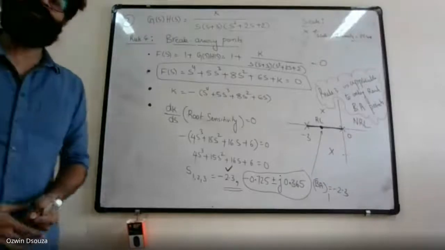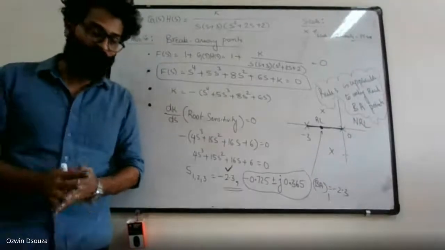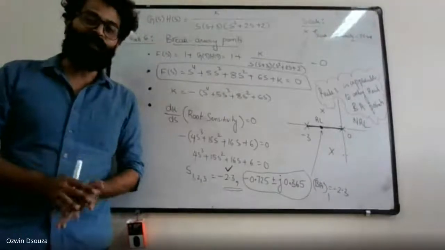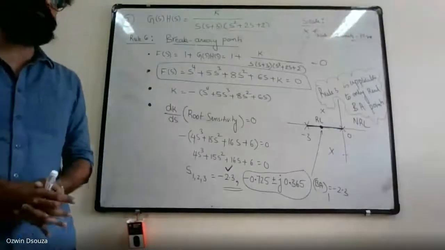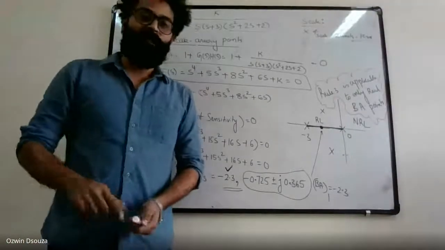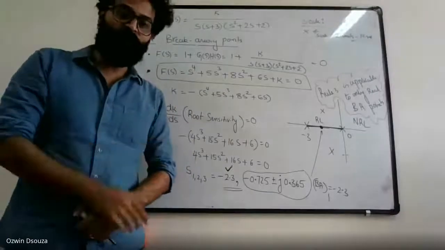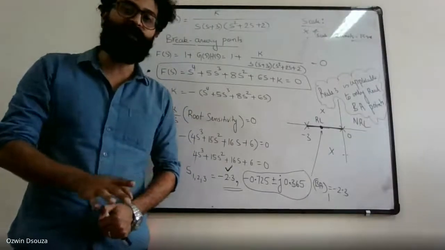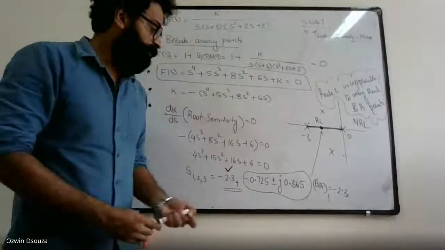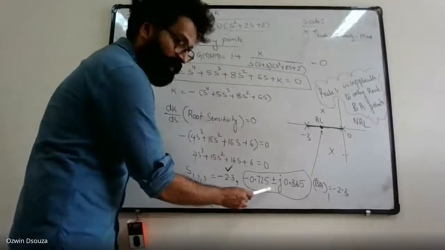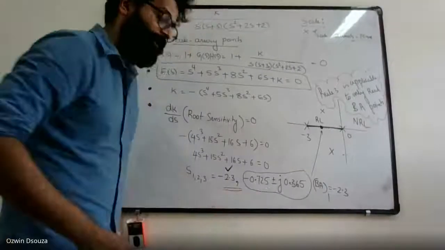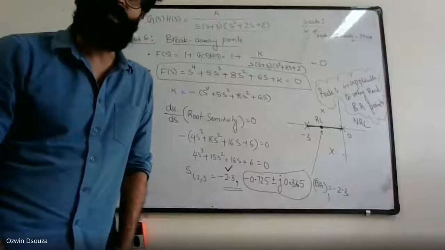You remember in the introduction class, I was explaining the angle condition and magnitude condition. What is the significance of the angle condition? If a test point has to be on the root locus, then it must satisfy the angle condition. So the validity of this particular test point can be checked using the angle condition.